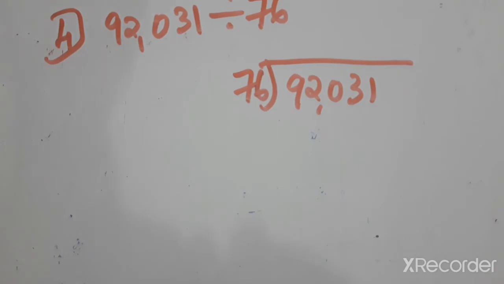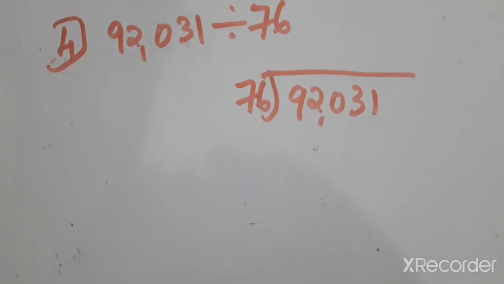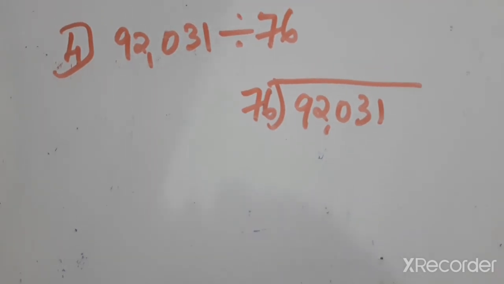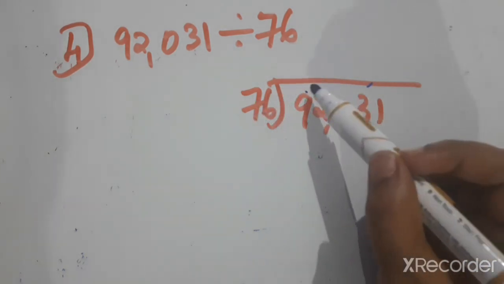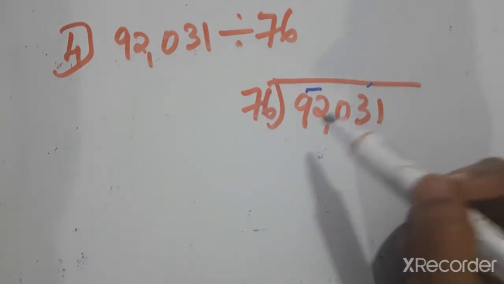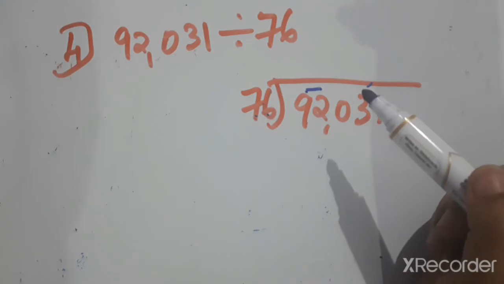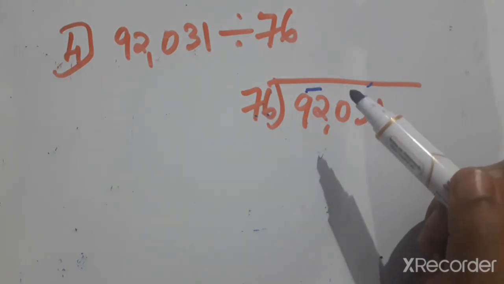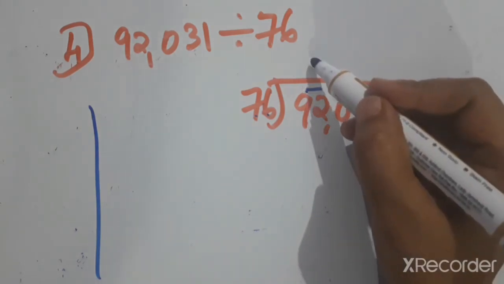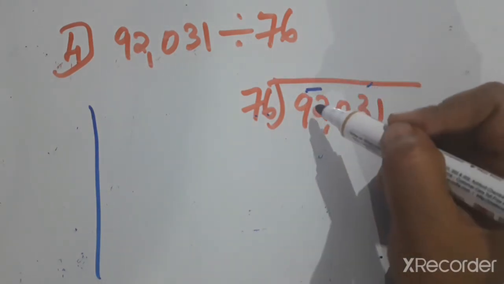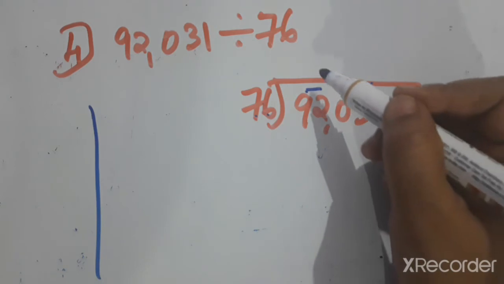Next, the fourth question, 92,031 divided by 76. With 76, we can't consider only 9 because it is less than 76, so we have to take 2 digits, that is 92. 92 is greater than 76, so we can check the nearer one. 76 ones are 76; 76 twos is greater than 92, 100 and change will come.